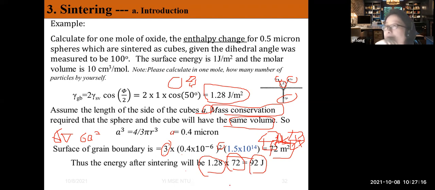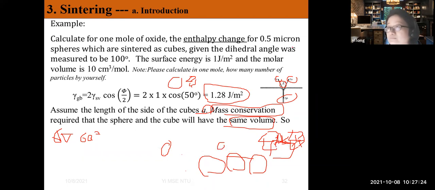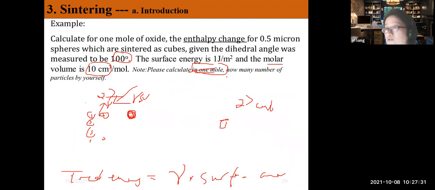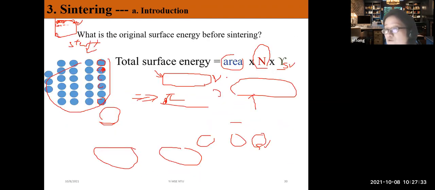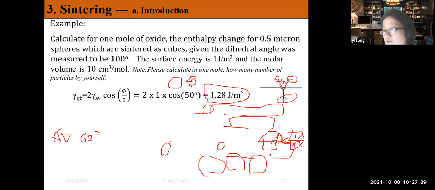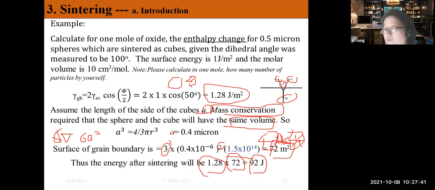So now can you compare? Before sintering is how much? Can you go back to the previous one? Before sintering is how much? 118. Thank you. The before sintering is 118. Now after sintering, it is 92.